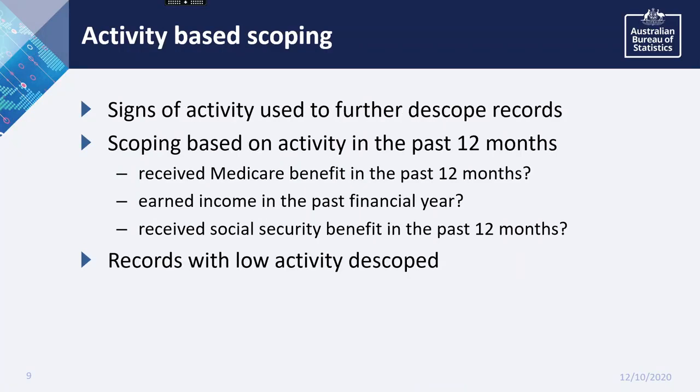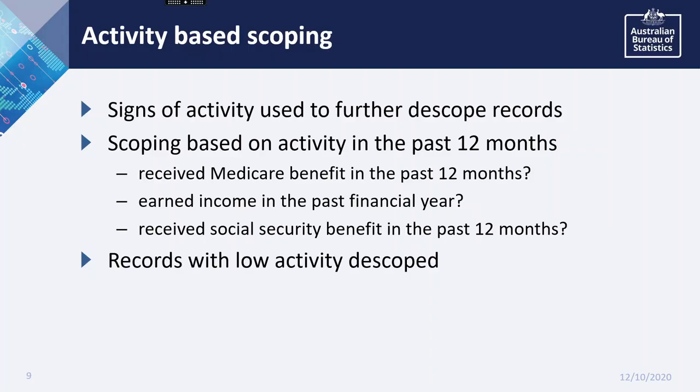So the approach that we are very interested in looking at the moment is an activity-based scoping approach. What this involves is looking at person records and the activity of person records to decide whether they are likely to be in or out of the population. Specifically, we've looked at activity in the past 12 months, and there are some examples listed there.